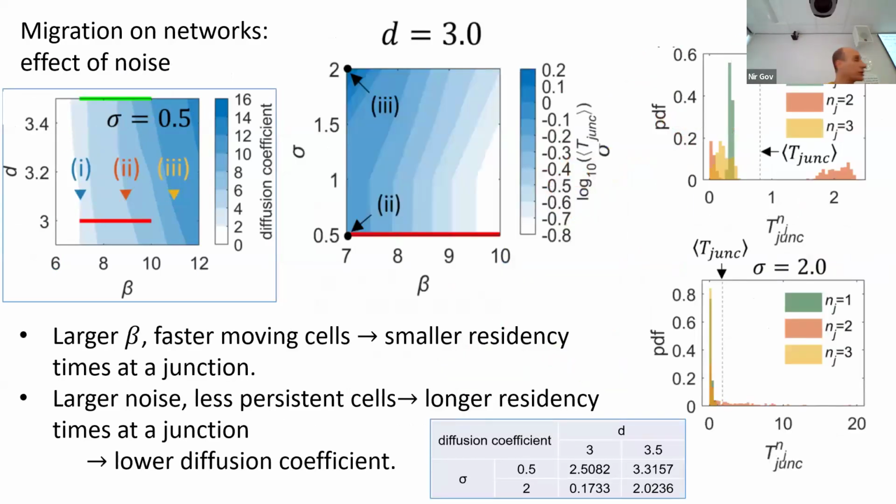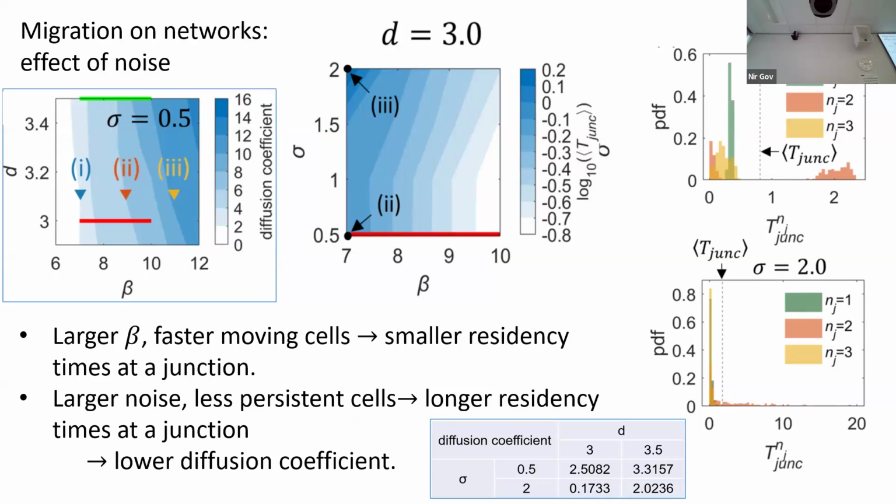You can now go into all kinds of details using these simulations. You can look at the distribution of the residency time on a junction. And for example, in this case, you find that I think it's a low noise and it's some activity level 7, whatever, and there's some size of this network. You find, for example, the residency time on the junction depends if you span just one junction, two junctions, or three junctions.